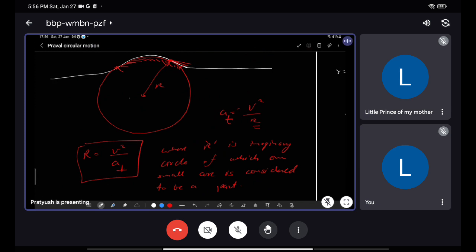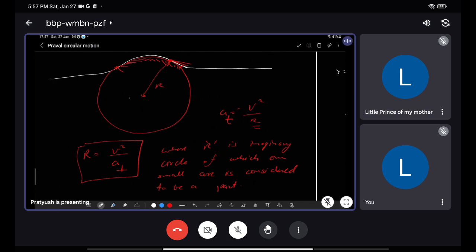So the acceleration is v square by r. R is the radius, perpendicular radius. R is the radius of the imaginary circle of which this small arc is considered to be a part.